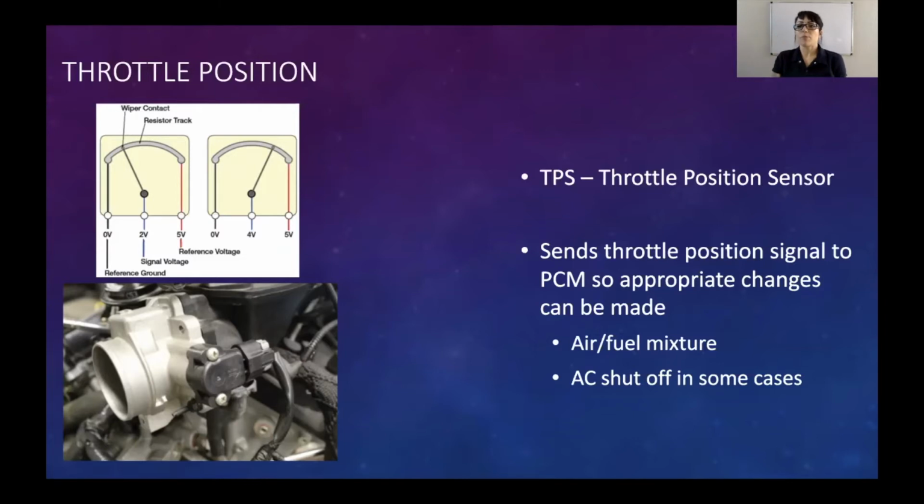When it goes to wide open throttle, it may actually turn off the air conditioning to give you just a couple more horsepower to get in front of the semi so you don't die. So in some cases, the TP sensor will essentially tell the computer, and the computer will say, oh, we need to shut the air conditioning off. So just a couple examples there for you.